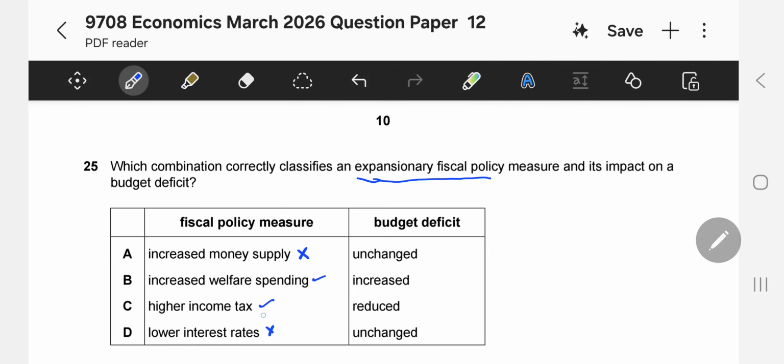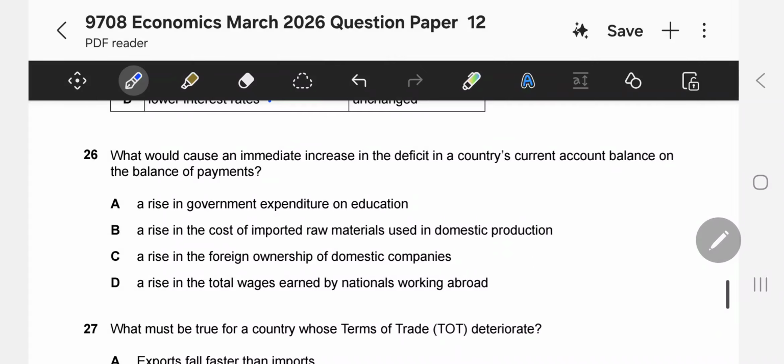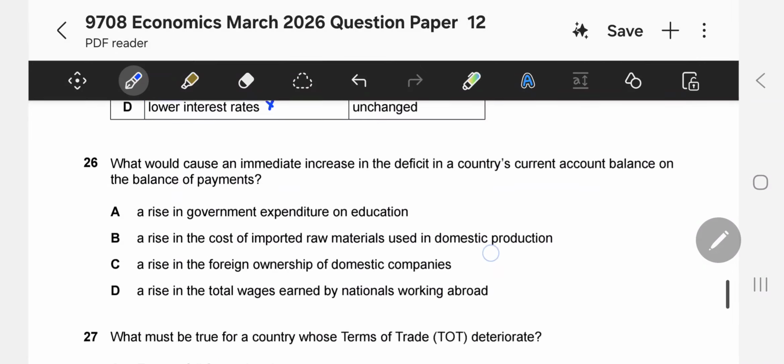High income tax is not expansionary, so this is deflation. This is contractionary. And increased welfare spending is increasing government spending, so that's expansionary, and it's going to increase the budget deficit, of course, because they'll be spending more. Let's move on to 26. Let's just confirm 25 is B.